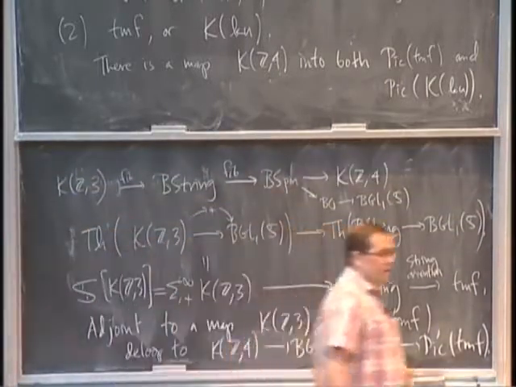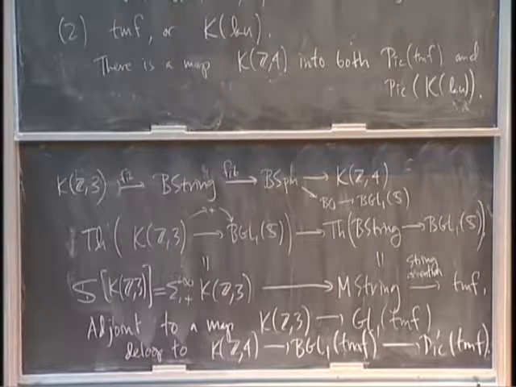So that gives me a twisted elliptic cohomology corresponding to degree 4 homology classes of a space.